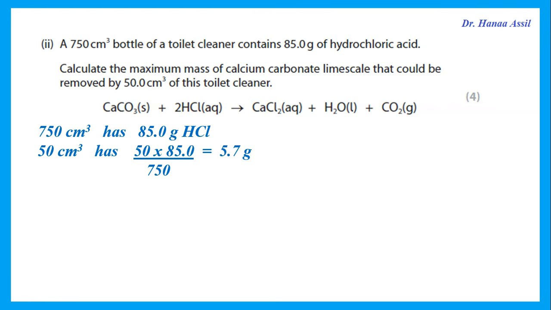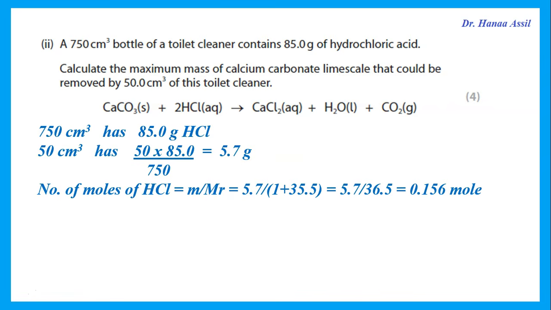He's talking about 50 centimeter cubed of this toilet cleaner, so the 50 centimeter cubed would contain 5.7 grams of HCl. Are we okay? Straightforward cross multiplication. The 750 has 85, so the 50 will have how much? So it will have 5.7 grams of HCl.